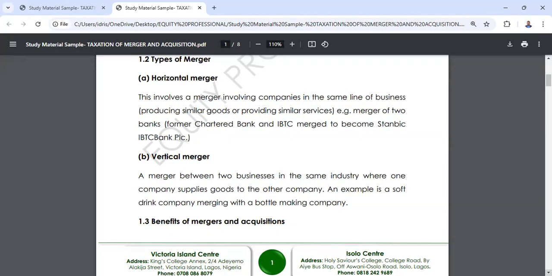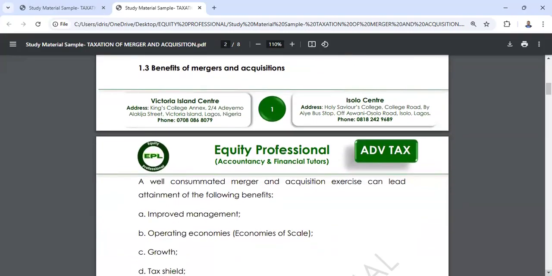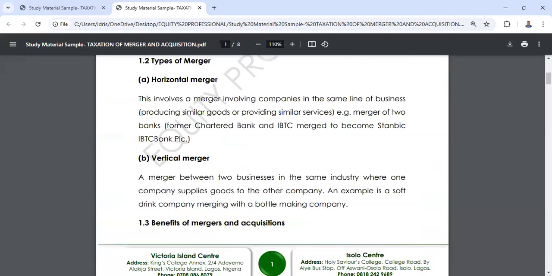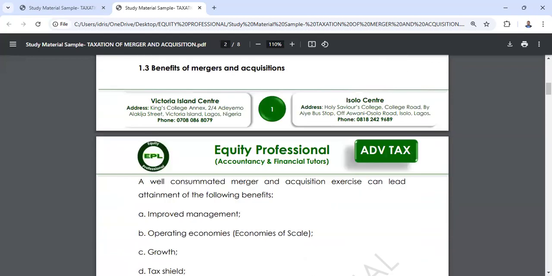Now, let's look at benefits of merger and acquisition. What are the benefits that we are going to derive when two companies merge together or when one company acquires another company? Number one benefit is improved management.